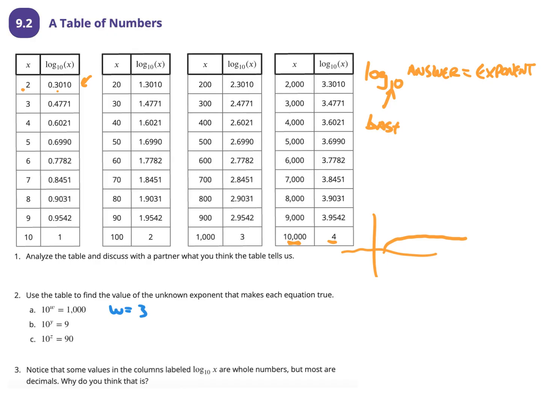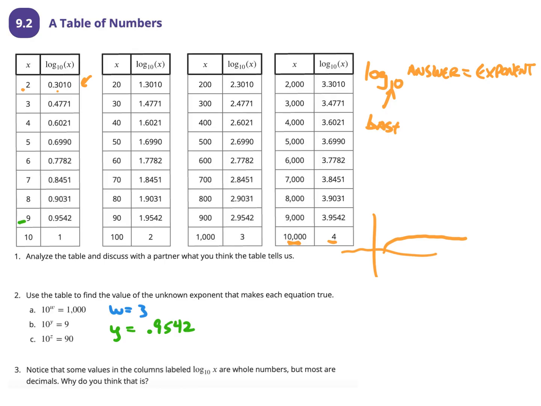So we're rounding. To get Y, we look for 9 when X is 9, 0.9542. 10 to the first power is 10, so we would expect 10 to the 0.9542 power to be 9. Well, it's way more numbers than that, but we don't know because we rounded to 4 decimals.